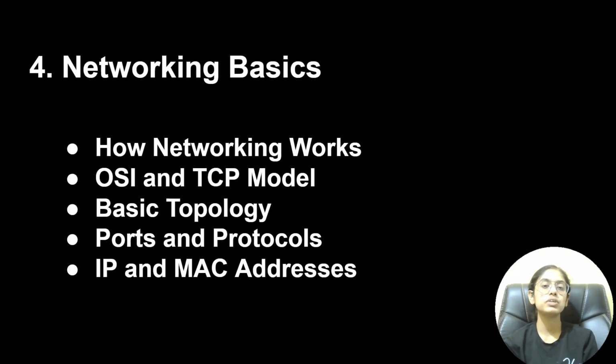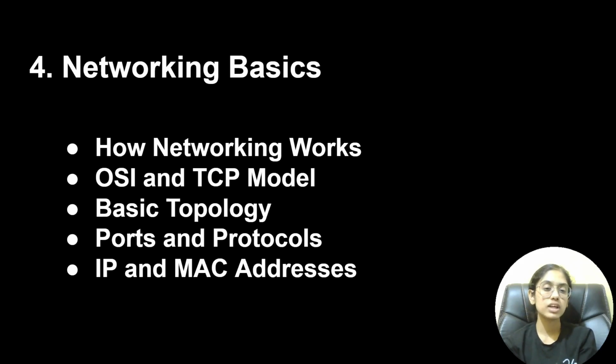Next is network basics. You can ask, ma'am, why are we learning networking? It is AI security, na. But in AI security, we are using the term security. What is the backbone of security? Networking and Linux. You must know these concepts.